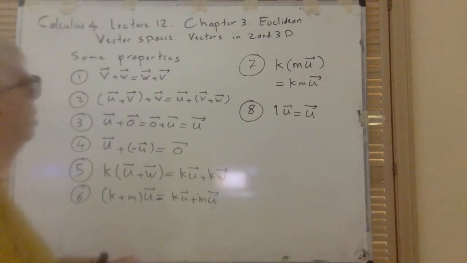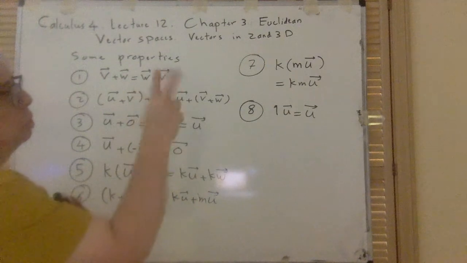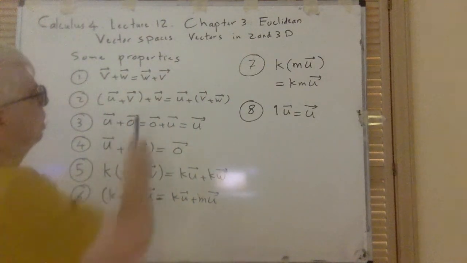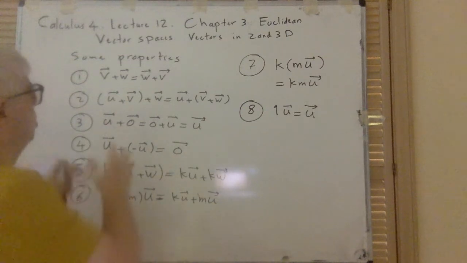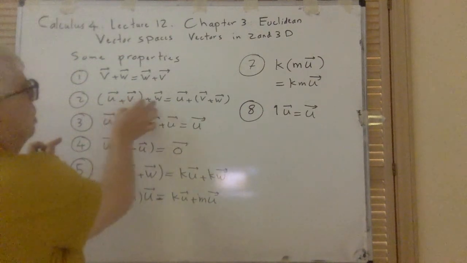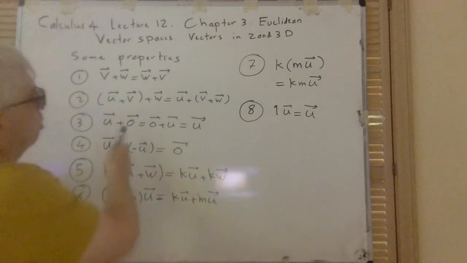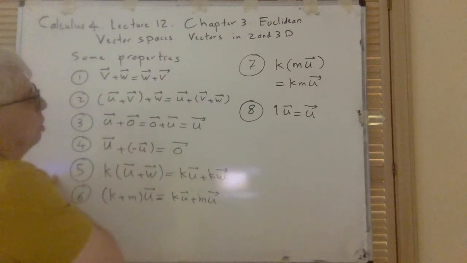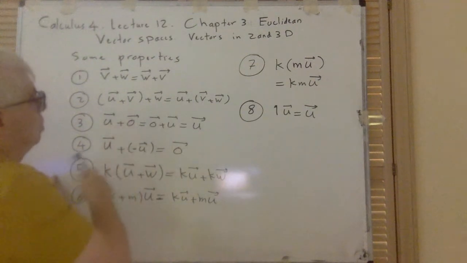And look, this one means that it commutes, it can flip. This one means that you can add these two first, then this one, or these two, and this one. And this is a property of the 0. 0 added to anything will give me that thing back. And a vector added to its negative is 0, and emphasize these two.